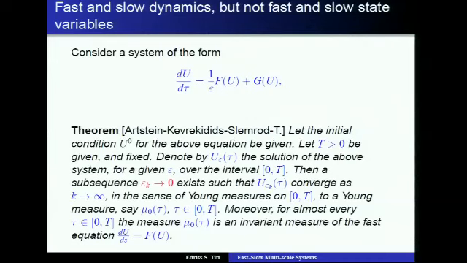Now, as I told you, if u has some components or features which are fast and slow, maybe in general I should not expect u epsilon to converge as epsilon goes to 0 to some function. In the previous case, the x component was converging to a function, but the y component was not converging.